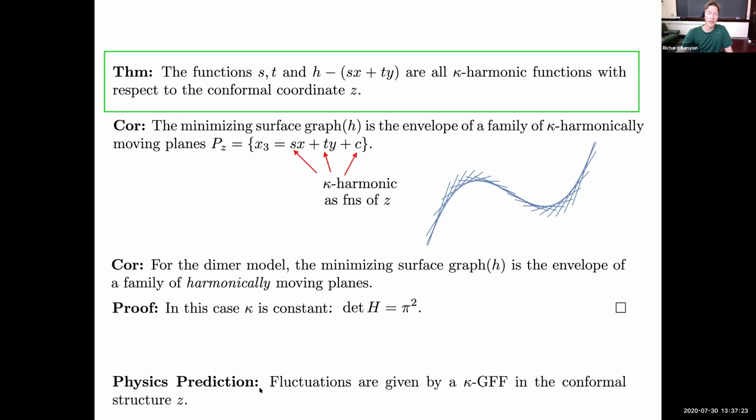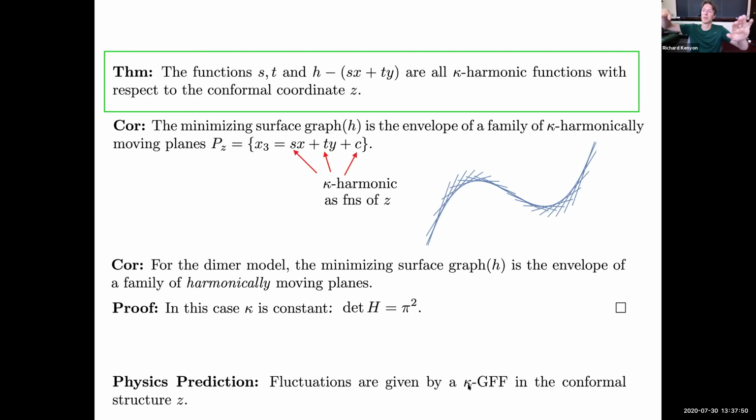In this situation, what should we expect the fluctuations to be? Previously, in Hugo's situation, he was on a torus. Everything had some translation invariance. You expect the Gaussian free field, because the kappa in his case was constant throughout the torus.